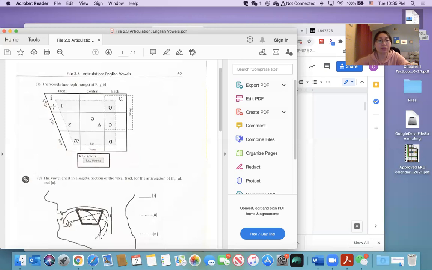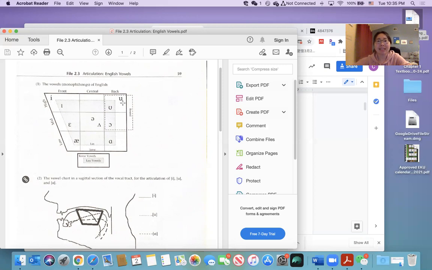If you are trying to produce "ee" and then also "oo", if you change your sound from "ee" to "oo", you can feel your tongue move from the front of your vocal cavity towards the back of the vocal cavity.